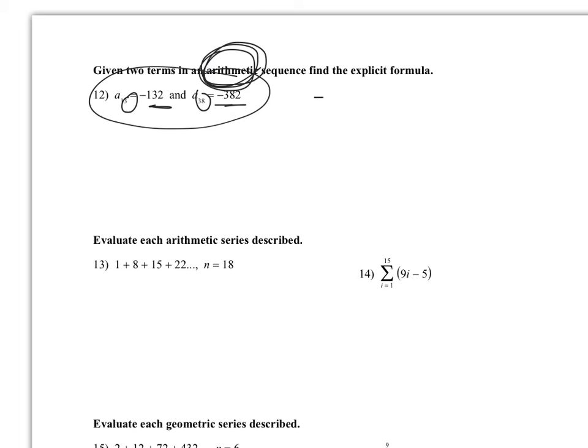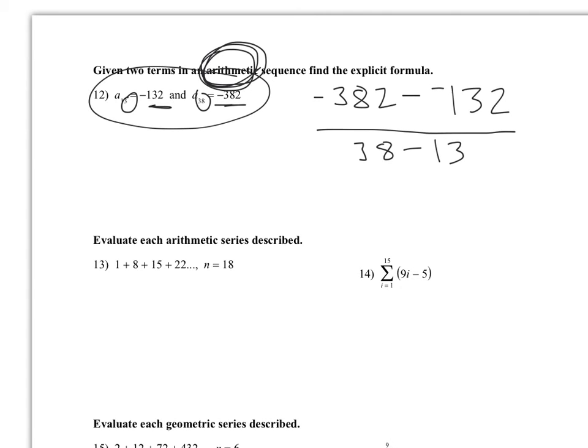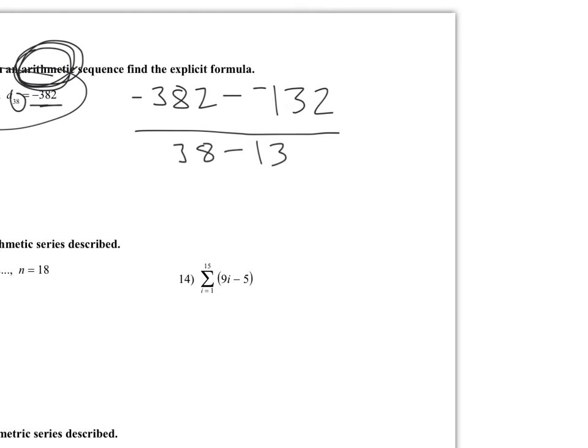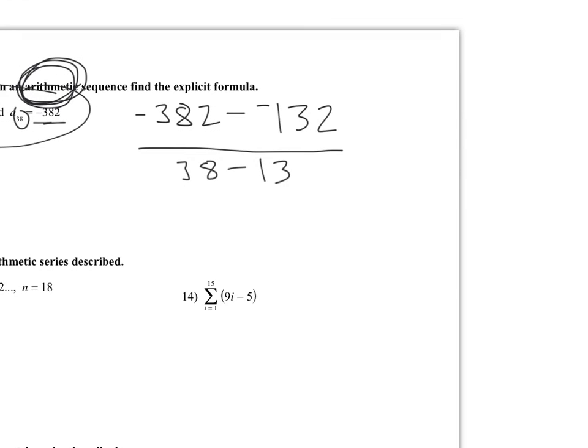So if we took the difference of the y values, negative 382 minus negative 132, that's the difference in y. And then if we took the difference in x, 38 minus 13. So negative 382 plus 132 is negative 250, and then 38 minus 13 is 25.